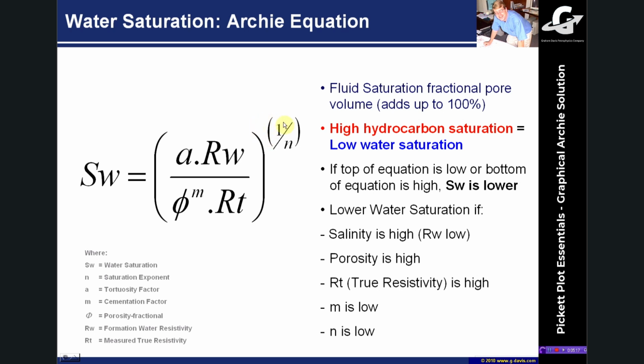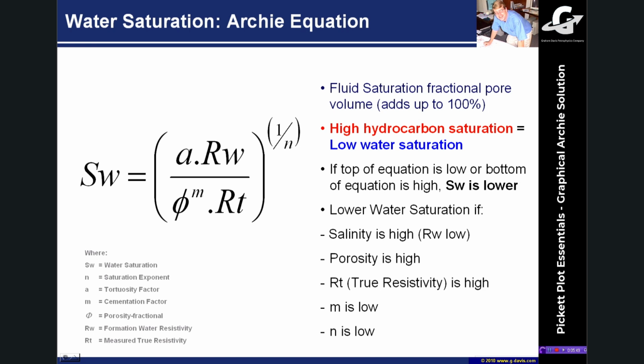I've put these brackets here just to remind you that if you code this up in Excel, it's important to put these brackets up first before you raise this exponent. Otherwise you'll get into all sorts of trouble. So if you plug this into Excel and then raise it to 1 over n, then that's the same as taking the nth root of both sides, and you'll get a direct calculation of SW for you. So that might be a little bit easier for you to code up into Excel.